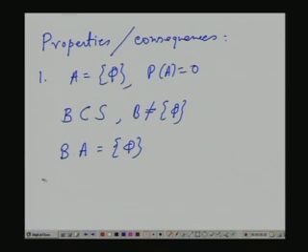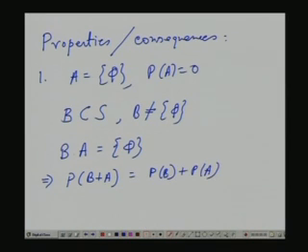In that case, that means P of B plus A, that is B union A, will be P of B union A. But B union A is B only, because A is empty set.